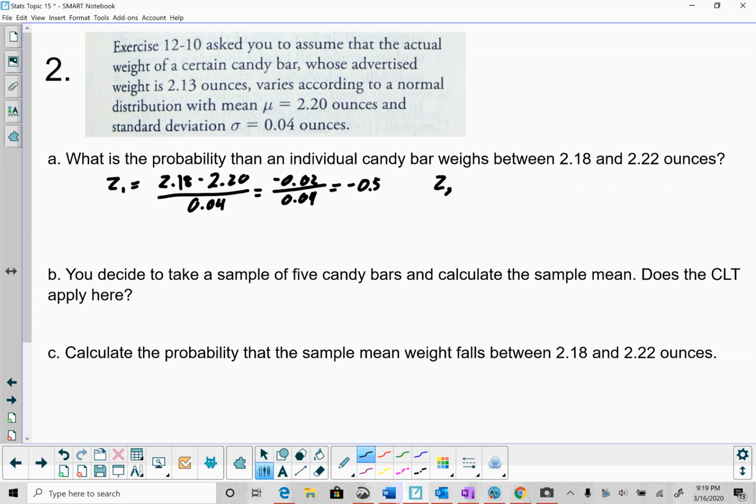And for z number 2, we'll take the upper end, 2.22, subtract 2.20. Hey, wait a minute. That gives me a positive 0.02, positive 0.5. So now we're looking for the probability where the negative 1/2 is the lower end, positive 1/2 is the upper end.